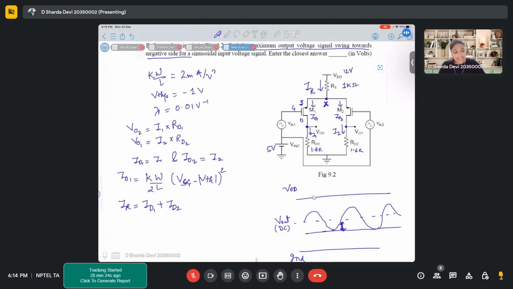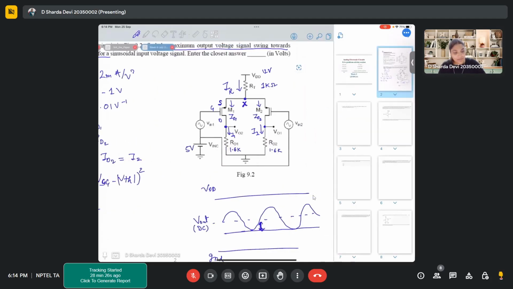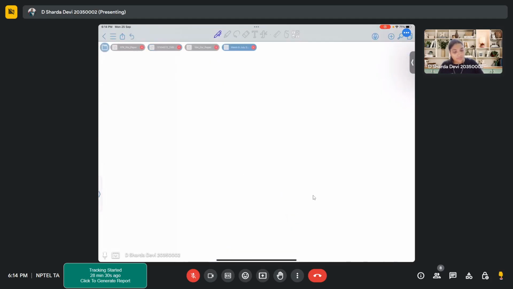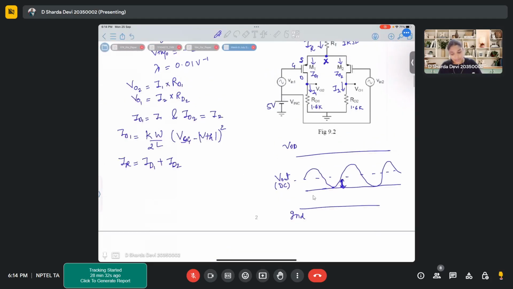Now since it is a matched system, 2 times the MOS current will be equal to your IR.